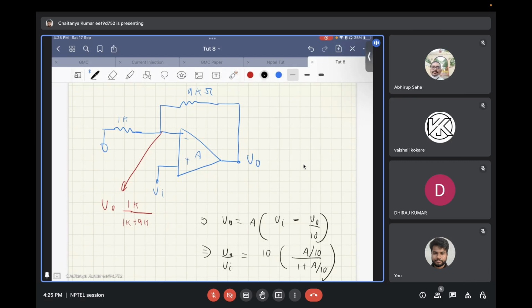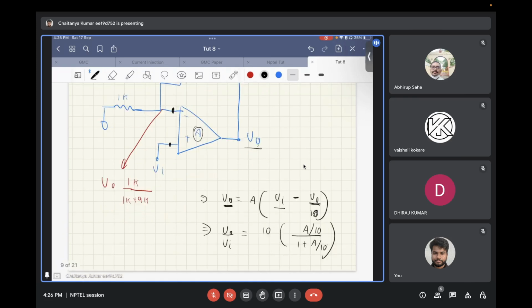Again, positive terminal minus negative terminal times A is the output voltage. So V out is equal to A times the voltage at positive terminal, that is Vi, minus the voltage at negative terminal, that is V naught by 10.